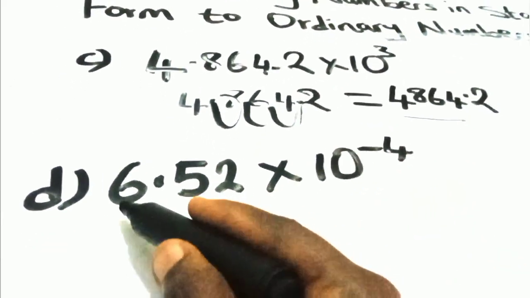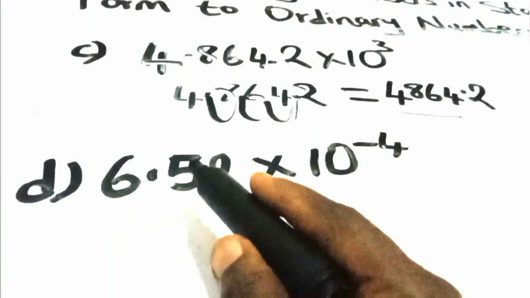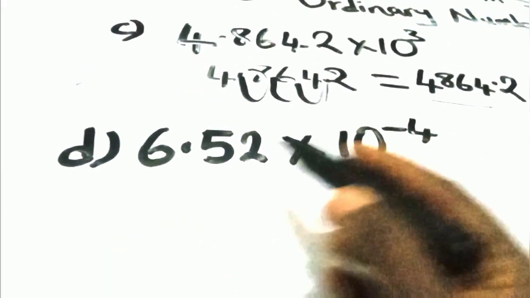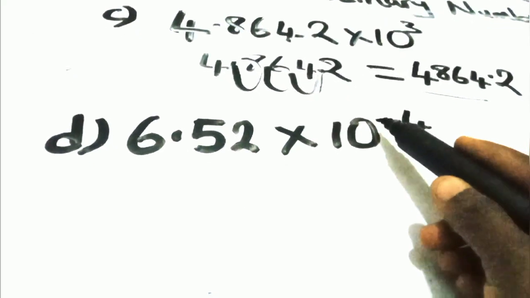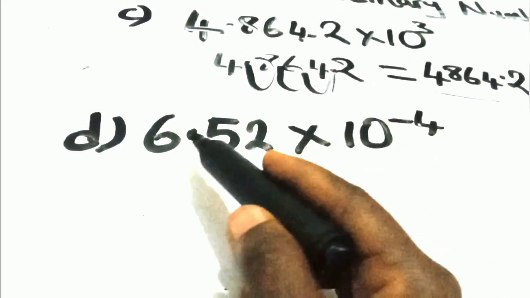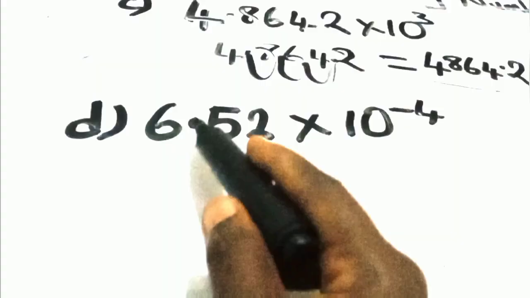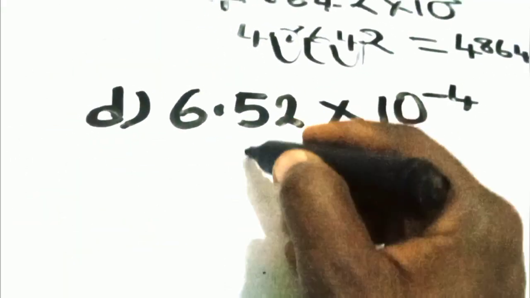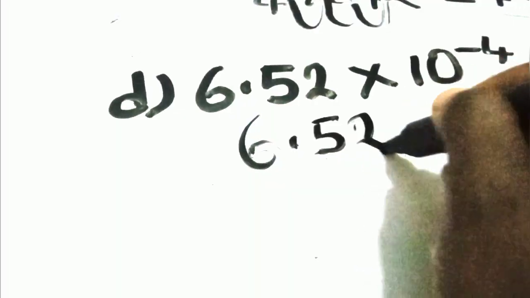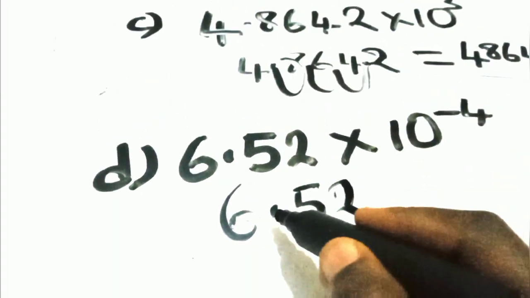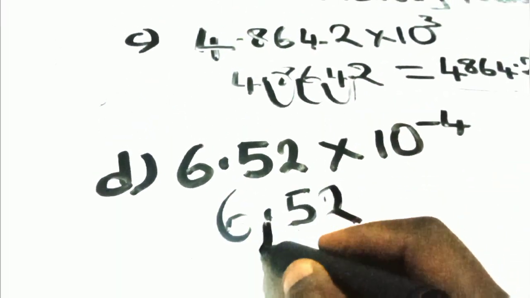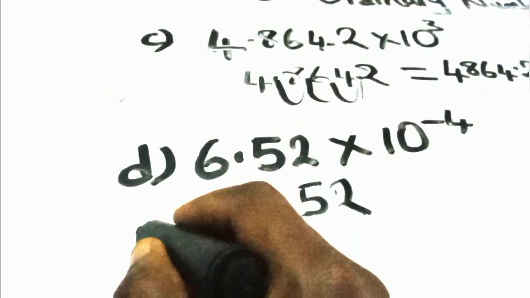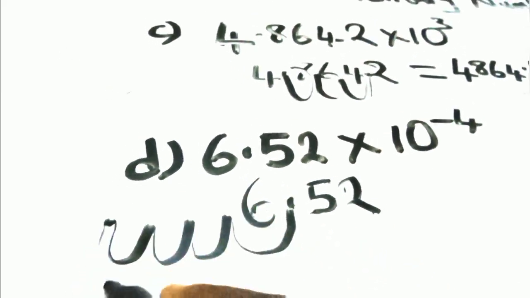Now look at the next one. 6.52 times 10 raised to the power minus 4. That means because the power is -4, the point will move backwards. It will move from right to the left 4 steps backward. So let me write it out. Let me move my point backwards 4 steps. 1, 2, 3, 4.